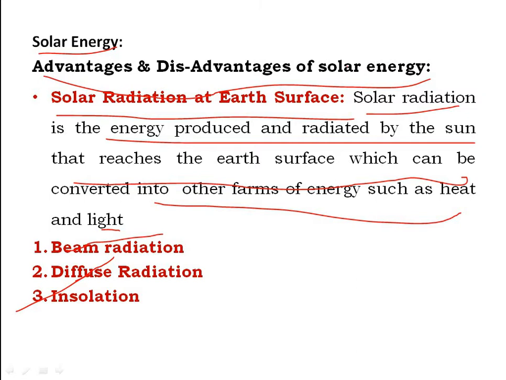It subtends an angle of only 32 minutes, that is 0.53 degree, at the earth's surface. The sun completes one rotation in 4 weeks when observed from the Earth.